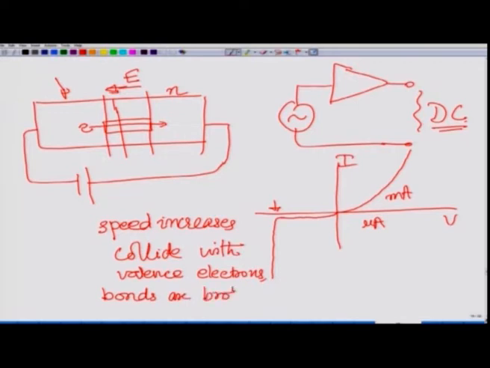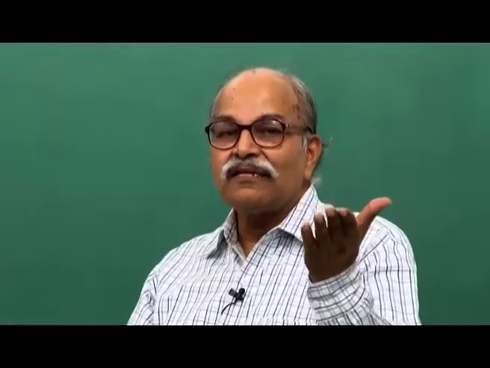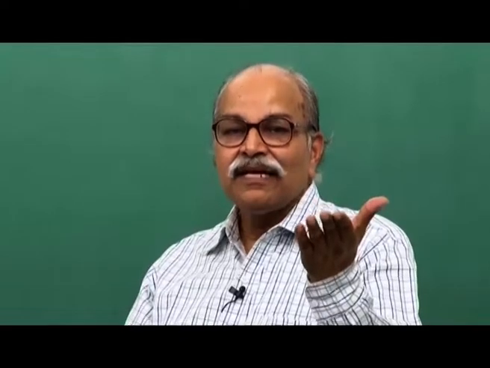And if that happens, you have more electron hole pairs, because when this bond is broken, the valence electron goes to the conduction band, and you have a larger number of charge carriers. The electric field takes these electrons towards the N side and the holes towards the P side. And these electrons may also get a lot of energy, and they can also collide with valence electrons, and this process can go on.